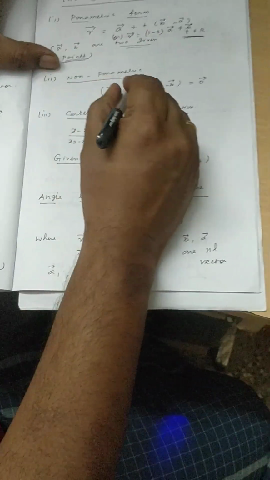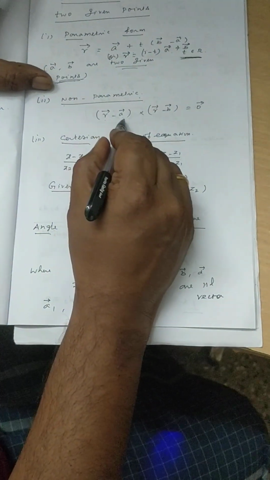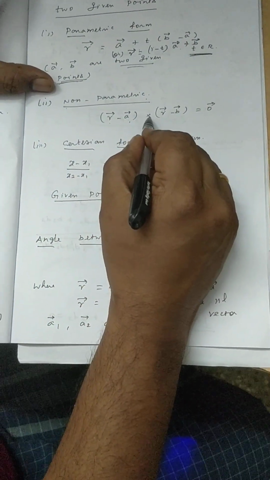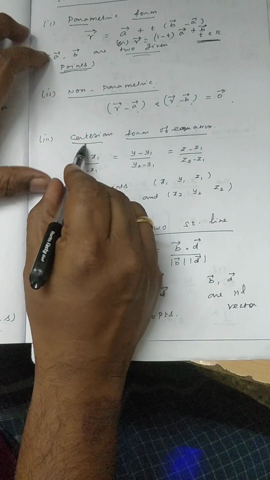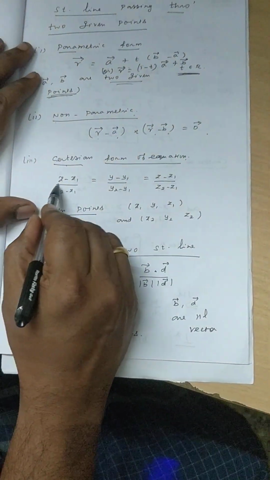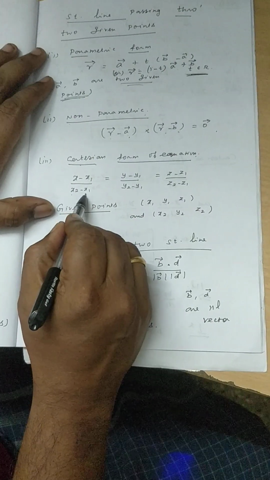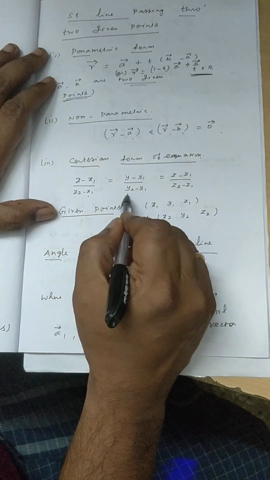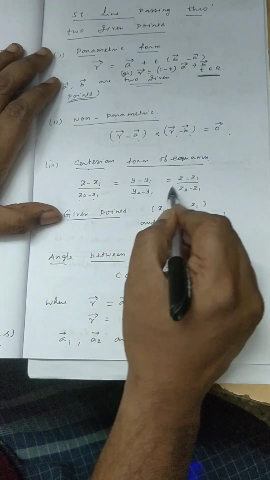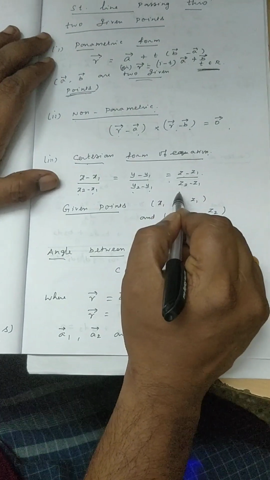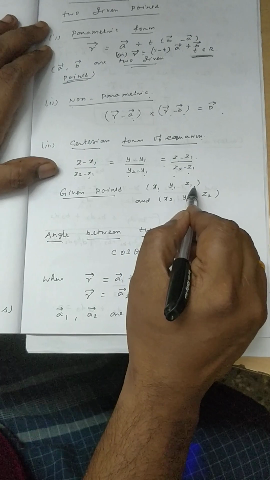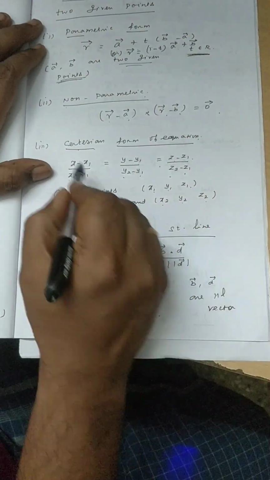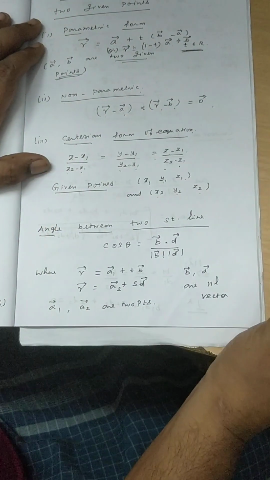Then the non-parametric form: (r vector minus a vector) cross product (r vector minus b vector) equal to 0 vector. The third one is the Cartesian form of the equation: (x minus x1) divided by (x2 minus x1) equal to (y minus y1) divided by (y2 minus y1) equal to (z minus z1) divided by (z2 minus z1). The given points are x1, y1, z1 and x2, y2, z2. This form is called the Cartesian form.